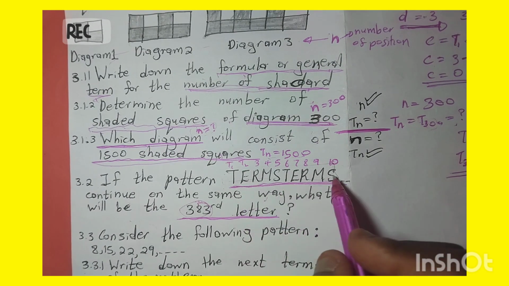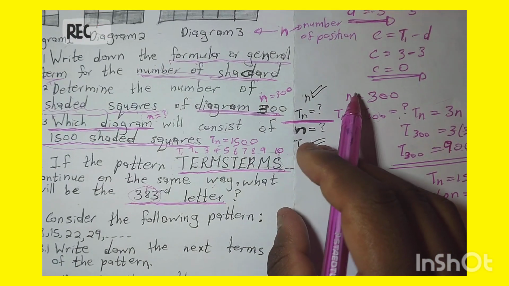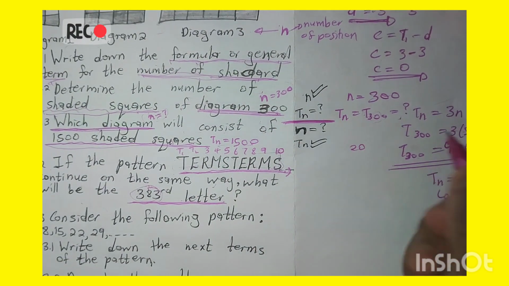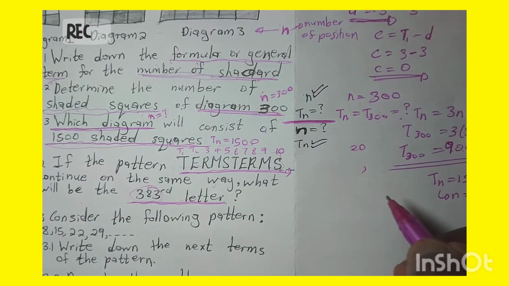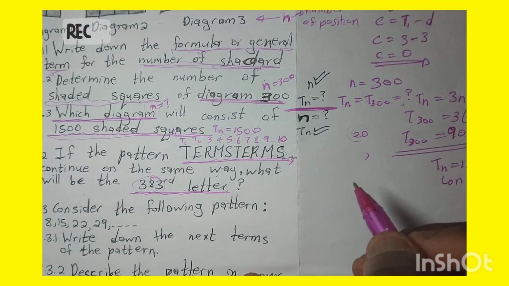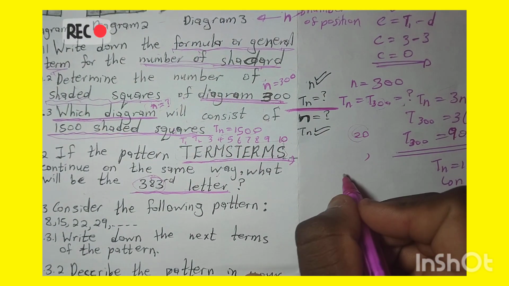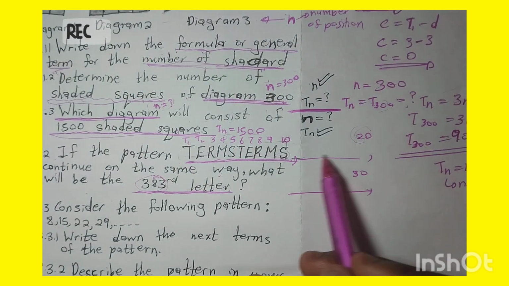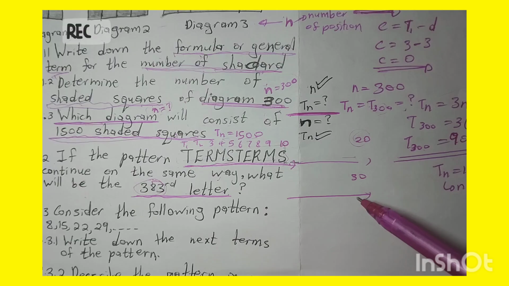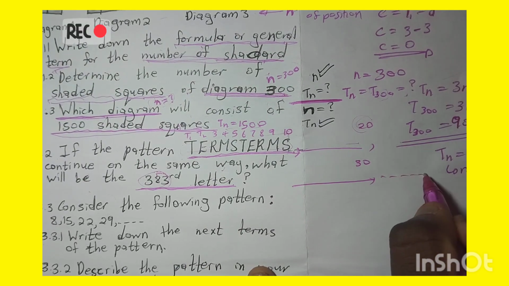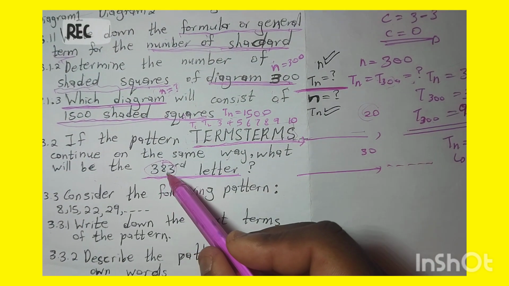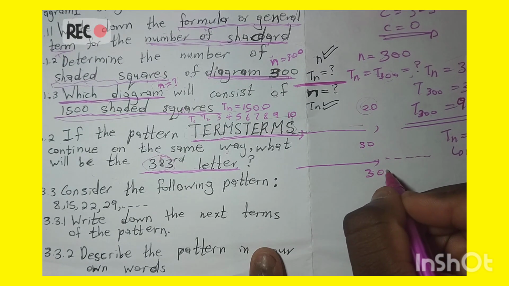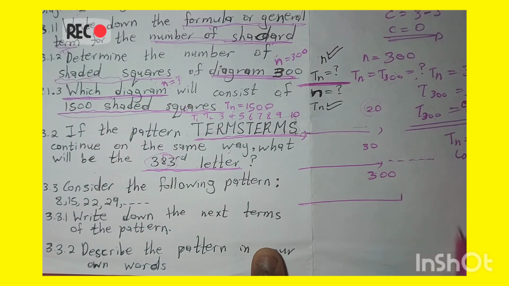Meaning, if I repeat this word for a second time, I will end up on 20. If I repeat that word for a third time, I will end up on 30. As I continue, I will continue that word. Let me say now I'm chasing that number there. I end up on 300, repeating that same word.